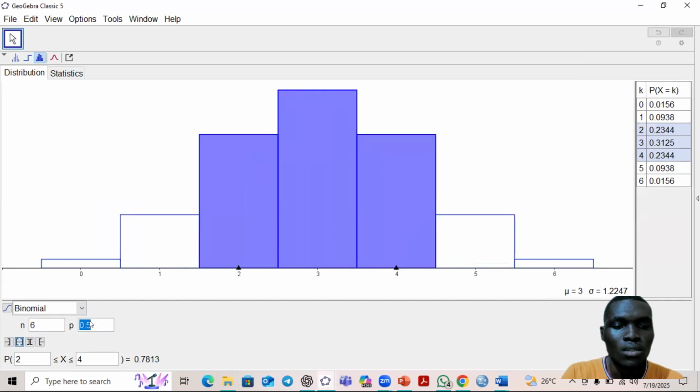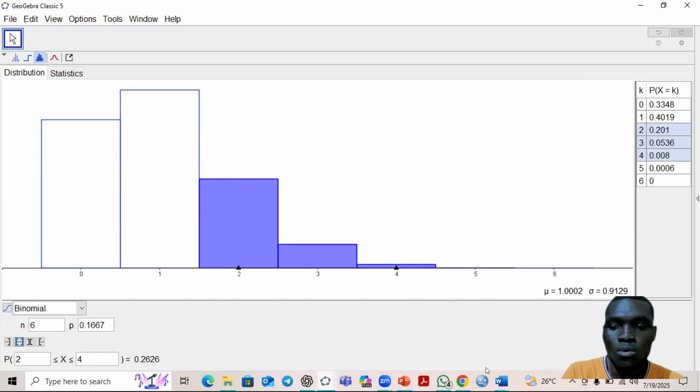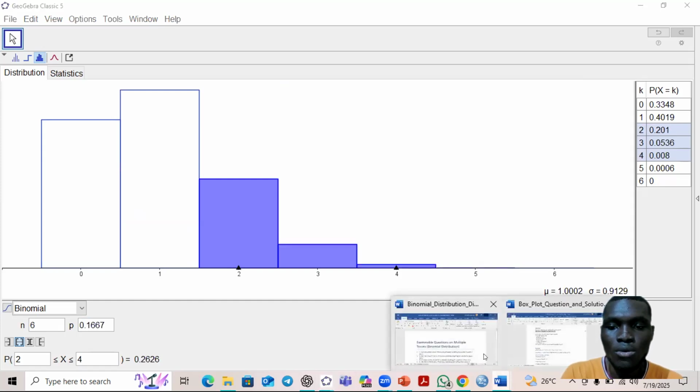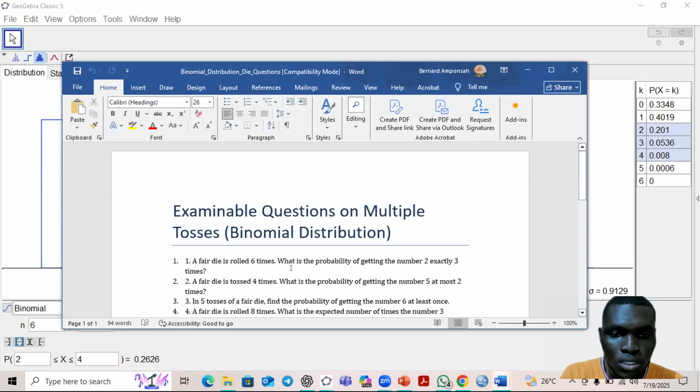Good. As I said earlier, a die has 6 numbers, so each number has a possibility of 1/6. Now, what does our question demand? Our question is asking: what is the probability of getting the number 2 exactly 3 times?